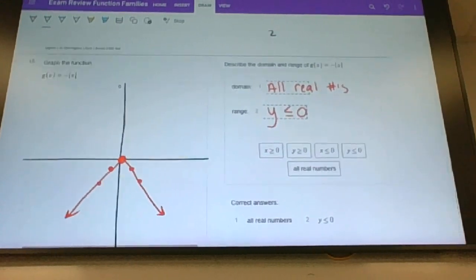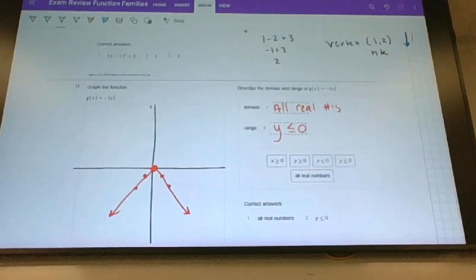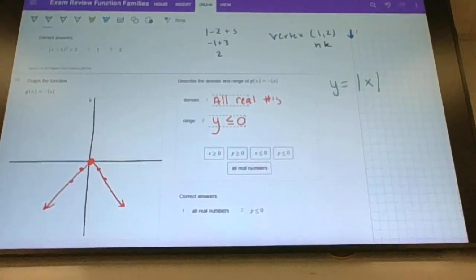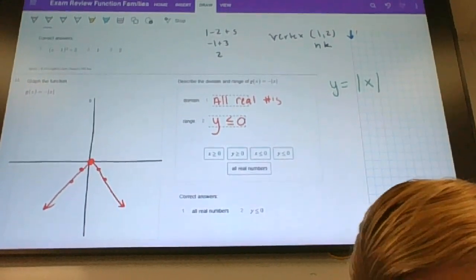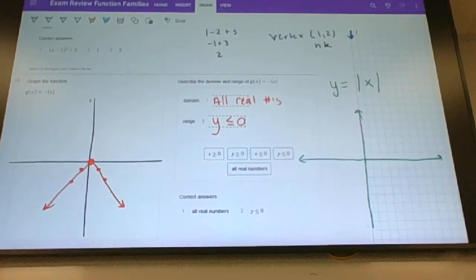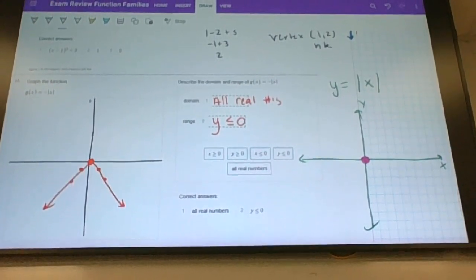All right, yesterday, in 5th period, I did an absolute value Kahoot where I reviewed this. Okay? These are absolute value bars. I want to show you the table that creates the parent absolute value function. If there wasn't a negative sign, I would go 0, 0.